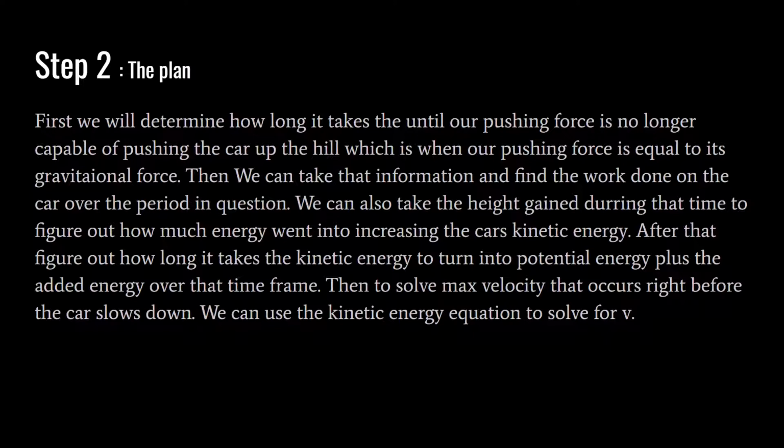We can also take the height gained during that time to figure out how much energy went into increasing the car's kinetic energy. After that, we can figure out how long it takes the kinetic energy to turn into potential energy plus the added energy over that time frame. Then, to solve for maximum velocity that occurs right before the car slows down, we can use kinetic energy equations to solve for V.